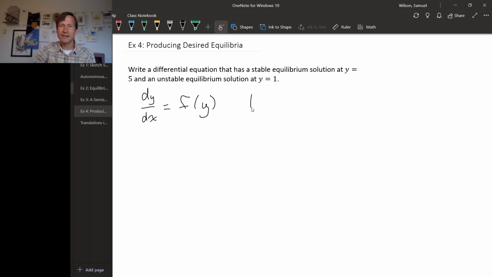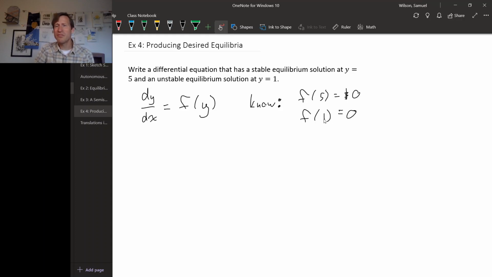And to produce these equilibria at 5 and at 1, we know that f of 5 had better be 0, and f of 1 had better be 0. This will produce equilibria at 5 and at 1.